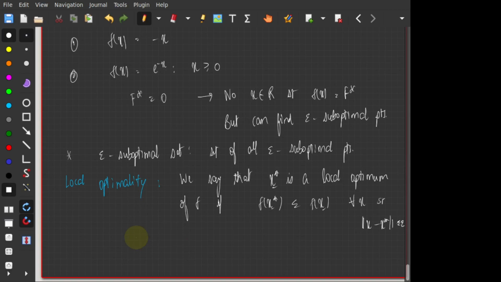Right? So in other words, we say it's a local optimum if there exists some epsilon for which this happens.